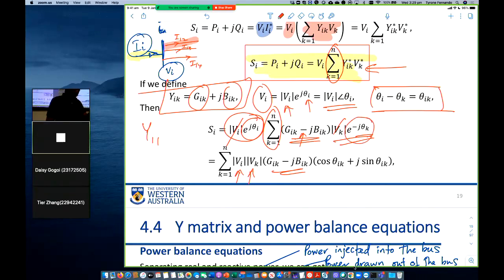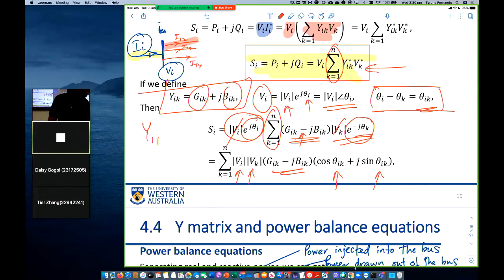So there is a difference in angles, right? Theta I minus theta k is theta ik. So you have the exponential raised to the power j theta ik, which is cos theta ik plus j sin theta ik. Euler's formula. Okay.